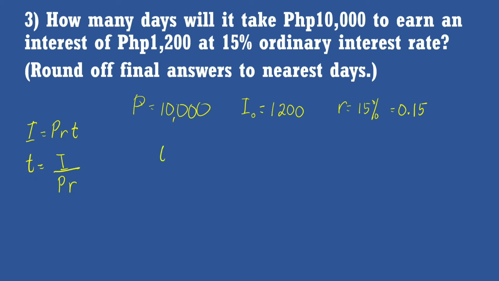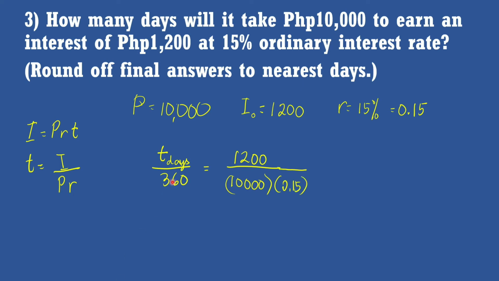So, that means the time in days is over 360. Again, why 360? Because ordinary interest. Okay? And then substituting the I, which is 1,200, and then 10,000 in the denominator, and also the rate of interest. So, we have this working equation.